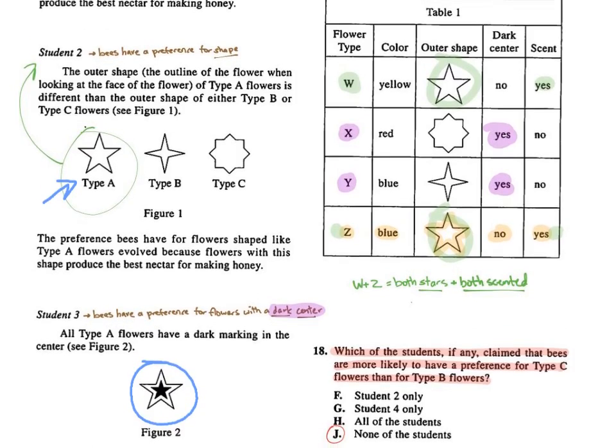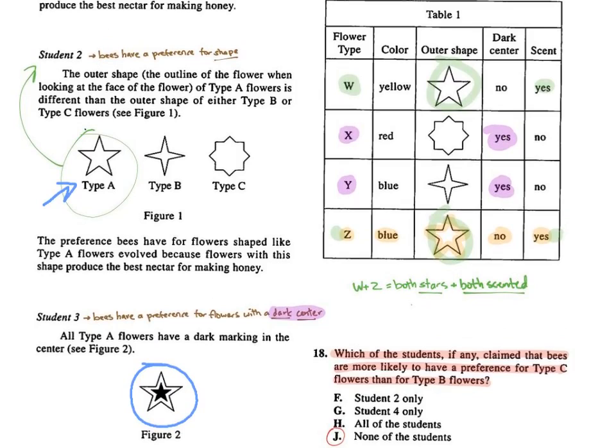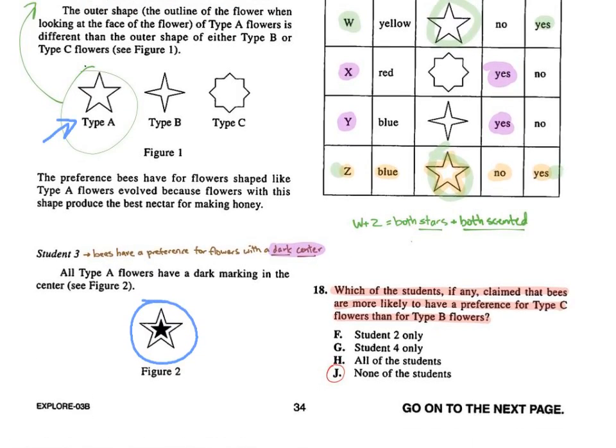Student 2 said that they do have a preference for shape, but that preference is for the type A flowers, the star type flowers. So no student said anything about shape except for student 2, and it's not what student 2 said. It doesn't support what his or her hypothesis was, so 18 is J.